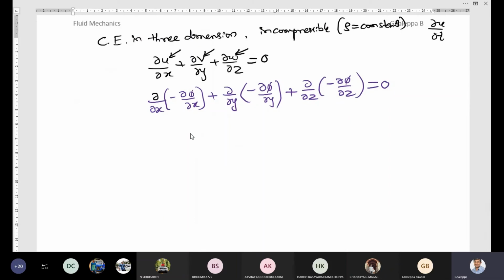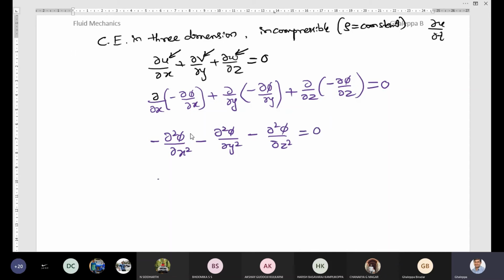So what you will get? Minus dou square phi by dou x square minus dou square phi by dou y square minus dou square phi by dou z square is equal to 0.